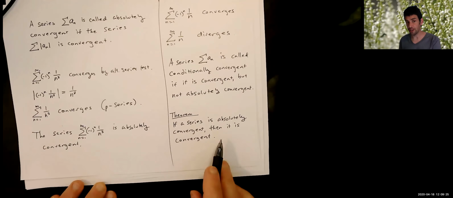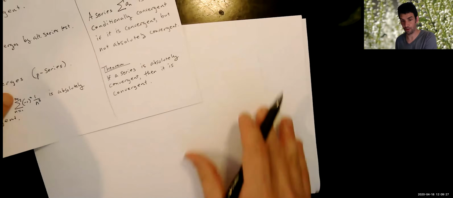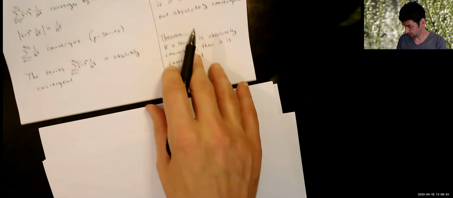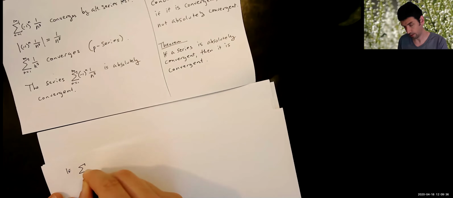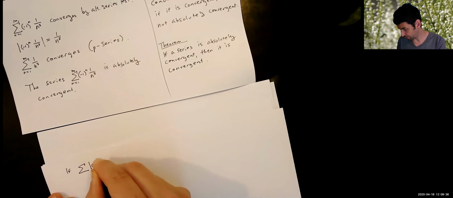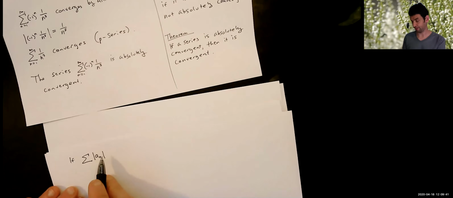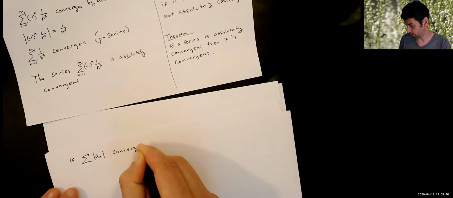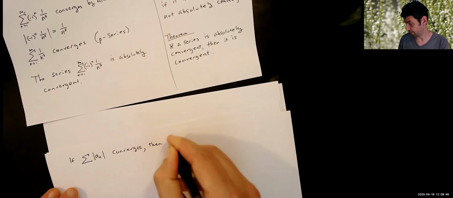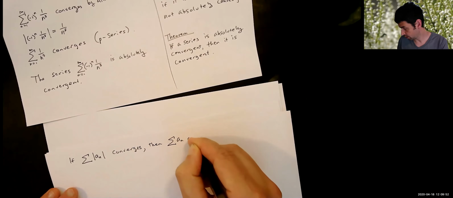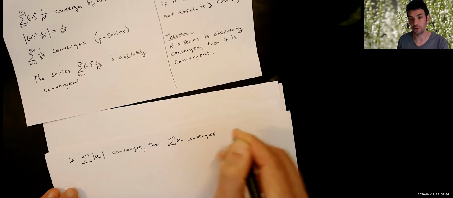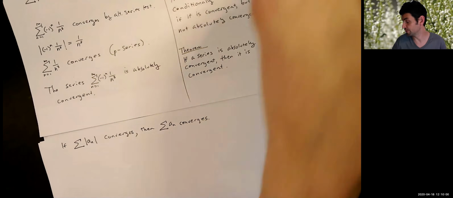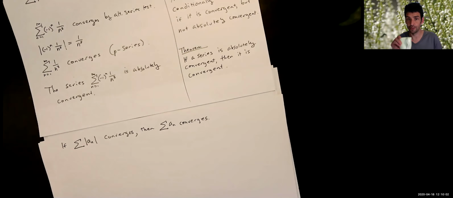So if I know, in other words, if we take the absolute value of the terms of a series and this converges, then the series on its own converges, right? This is another way to say exactly this statement. If you have absolute convergence, then you have regular old convergence that we started this about.